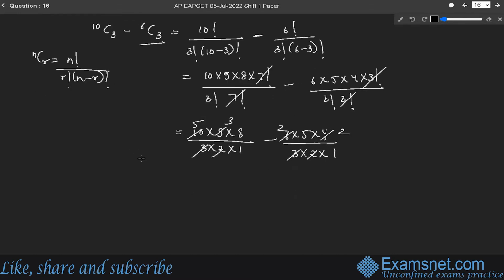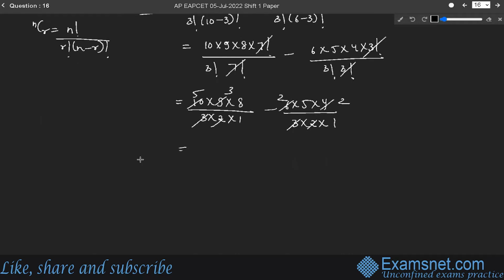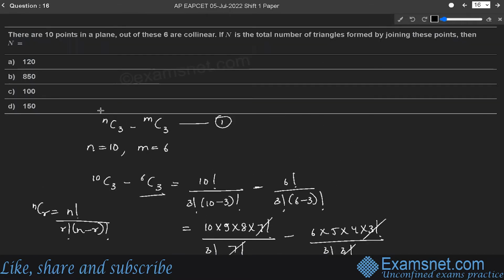So the remaining terms will be 5 into 3 into 8 minus 2 into 5 into 2. So it becomes 100. Therefore, we can say that the maximum number of triangles that can be formed is 100. So the value of n is 100. Therefore, option C is the correct option for this question.